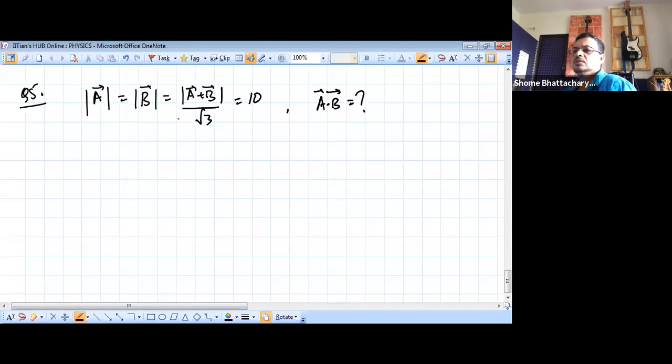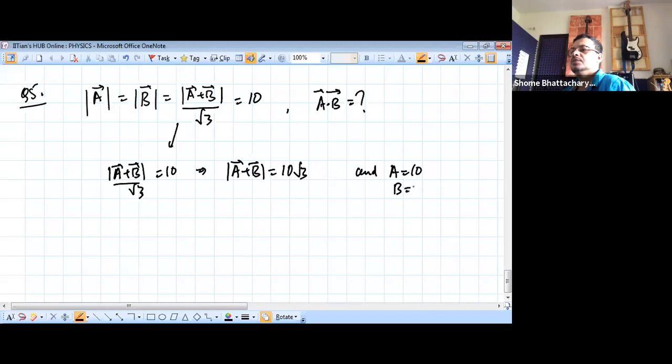So here we make use of this, that mod of A plus B by root 3 is equal to 10. So this means that the magnitude of A plus B is 10 root 3, and magnitude of A is 10, magnitude of B is 10. So use the triangle law.